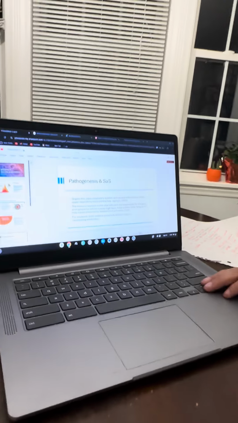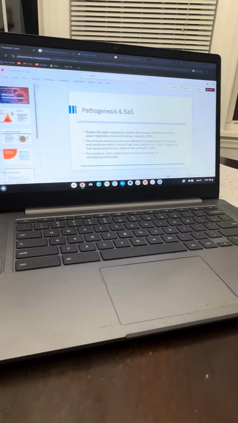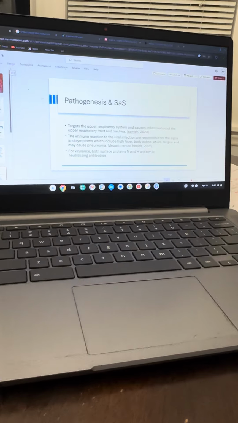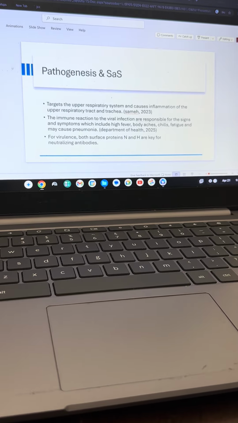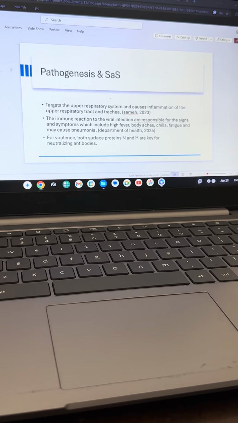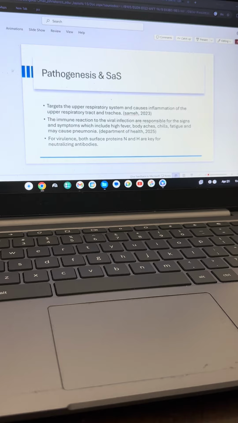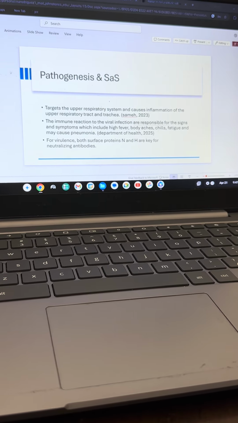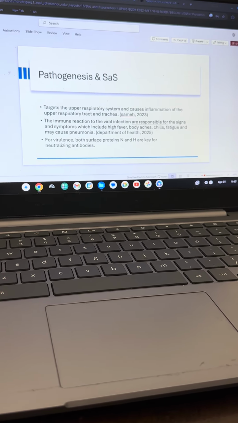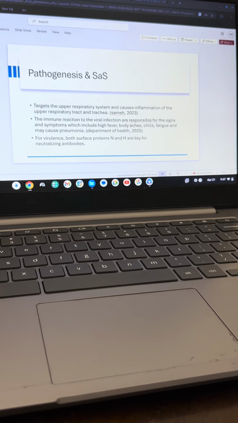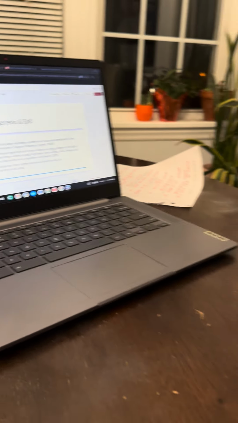So pathogenesis and signs and symptoms. It targets the upper respiratory system and causes inflammation of the upper respiratory tract and trachea. The immune reaction to the viral infection is responsible for the signs and symptoms, which include high fever, body aches, chills, fatigue, and may cause pneumonia. But I'm pretty sure we all know those signs and symptoms.